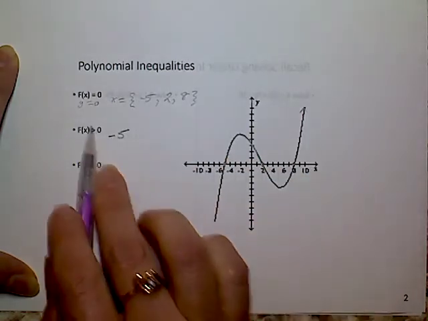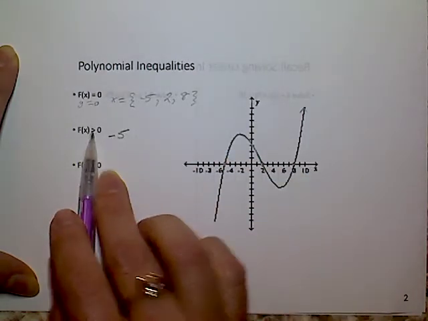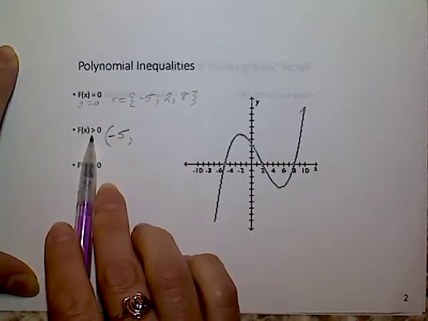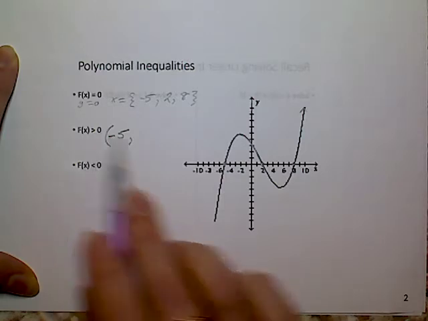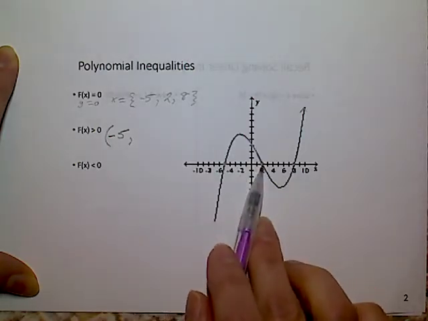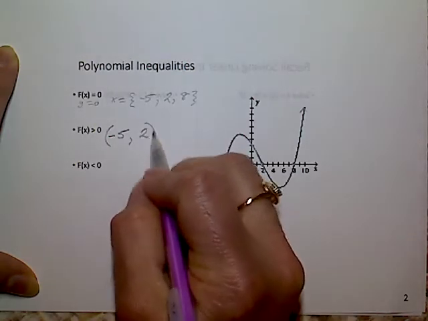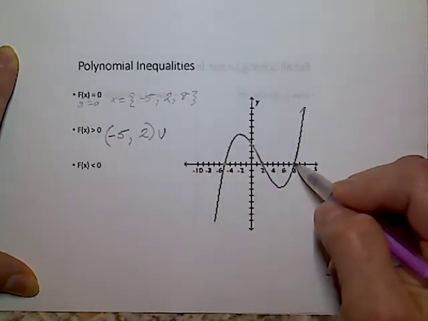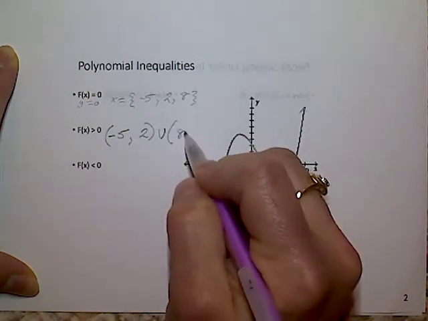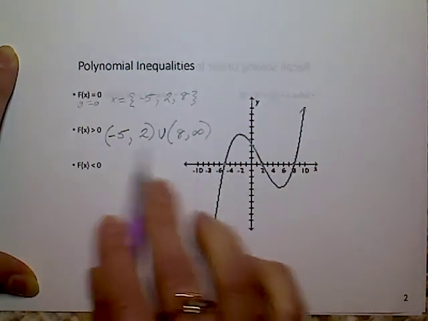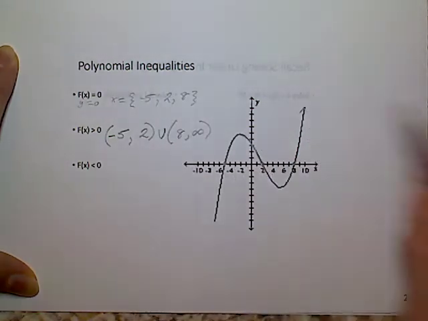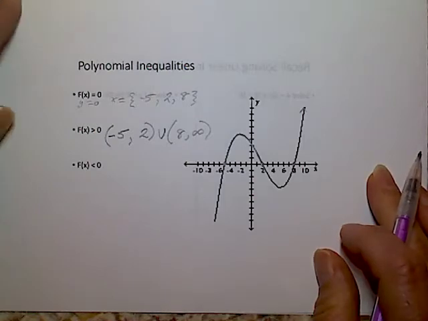I don't want to include it because I don't want where it's equal to. I just want where it's greater than. So don't include the endpoint this time because it's not equal to. And it goes clear until 2, and then it's going to drop down below. I'm also going to have to include over here from 8 to infinity. All of these intervals are where it is above the x-axis, where y is greater than 0.